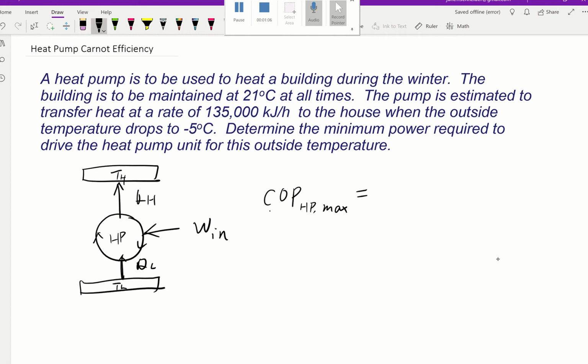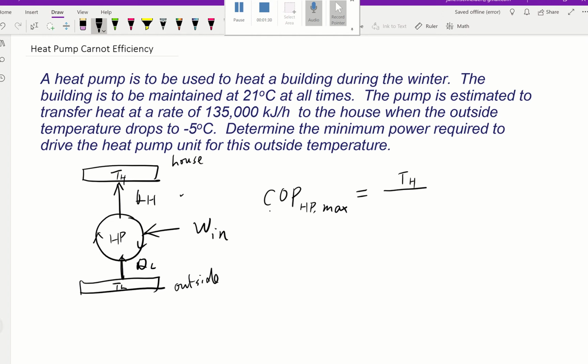We desire more and more heat transfer to the house, which is on this side, right? And this is outside. So we want more and more heat transfer to the house, that's QH, corresponding to the higher temperature, TH.